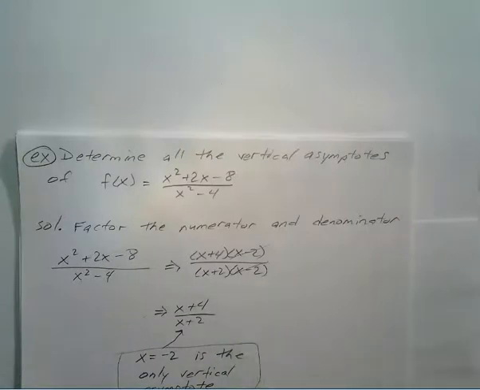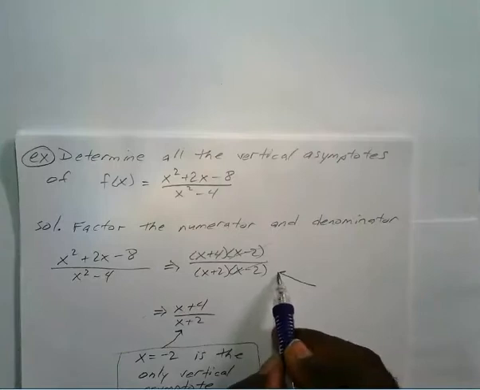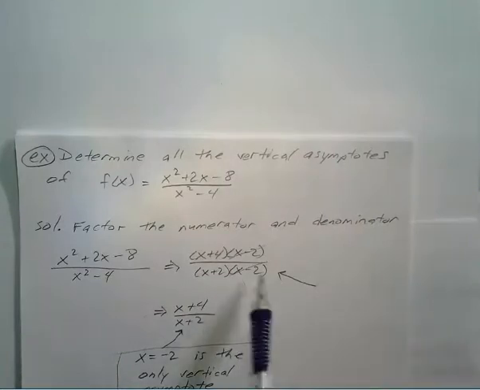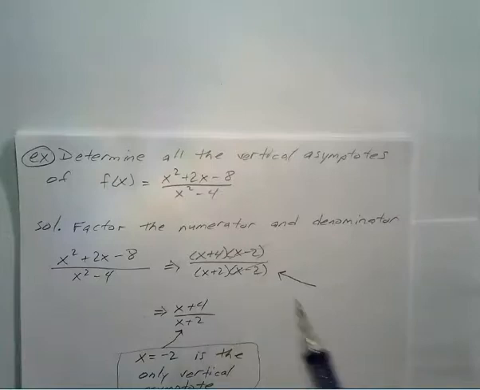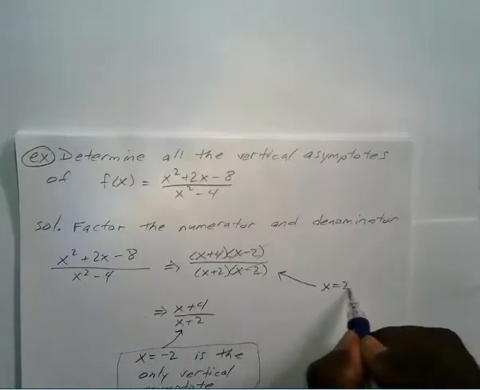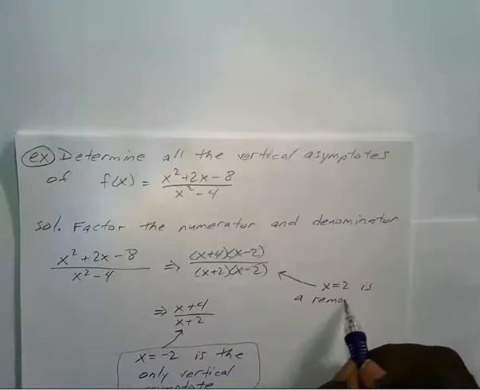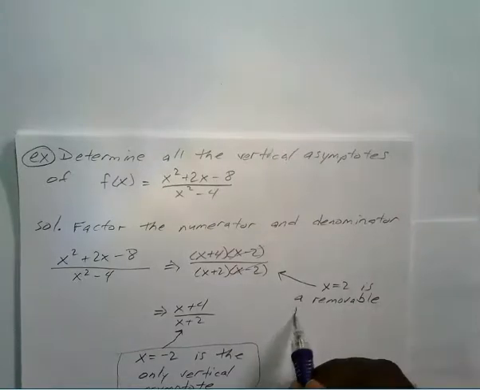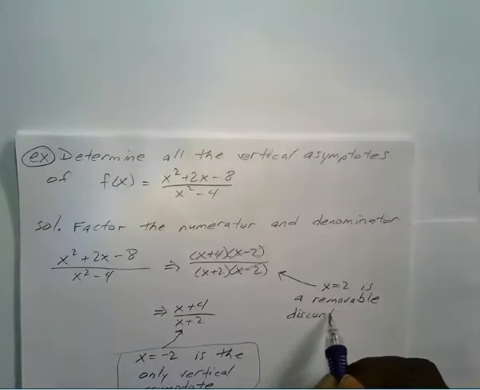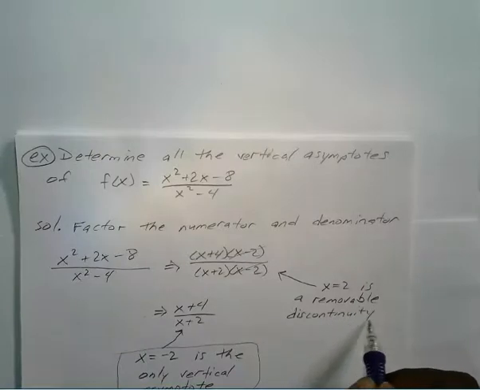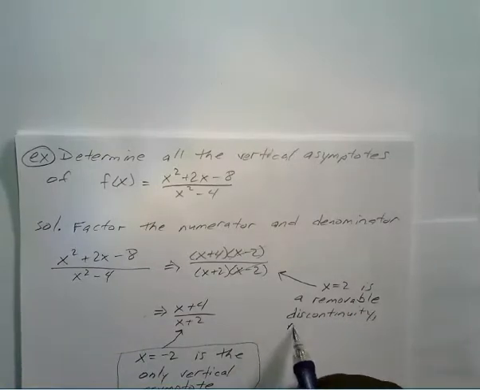How come that's not a vertical asymptote? And the reason is that x minus 2 equals 0, or x equals 2, is a removable discontinuity, not a vertical asymptote.